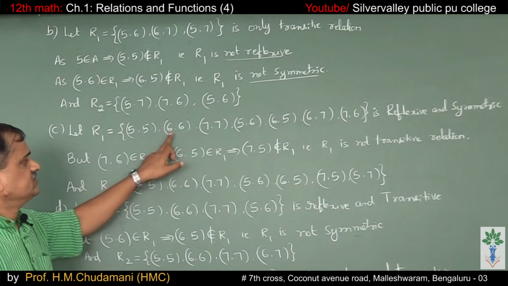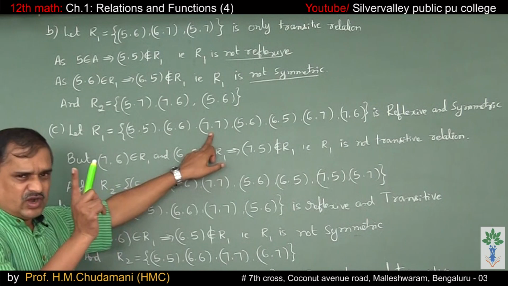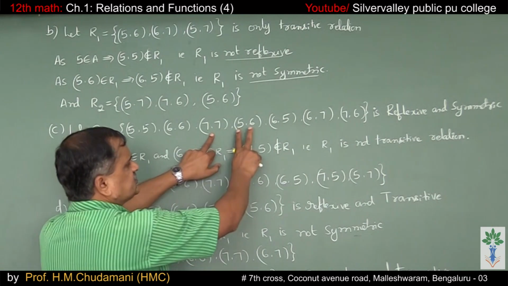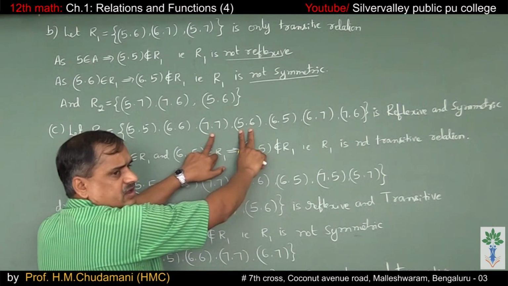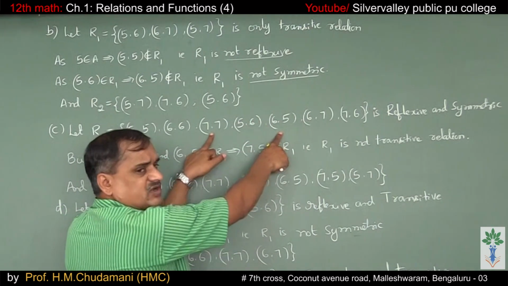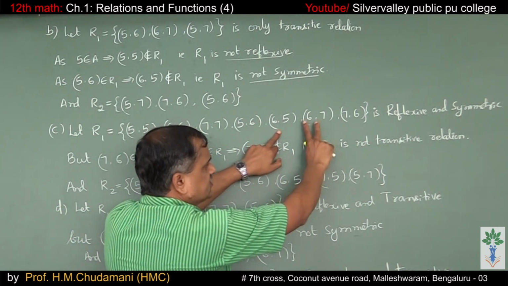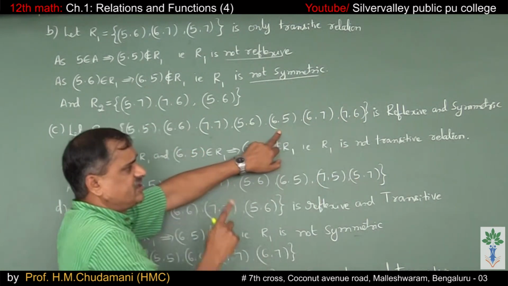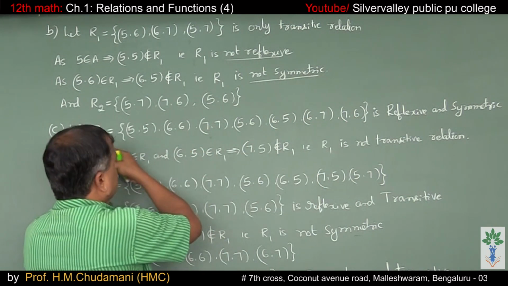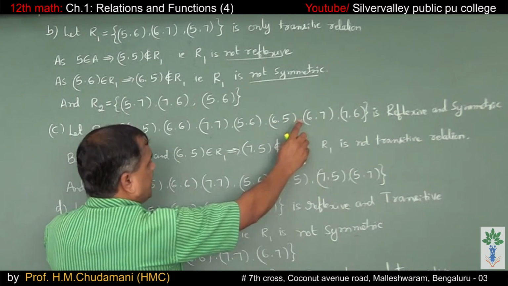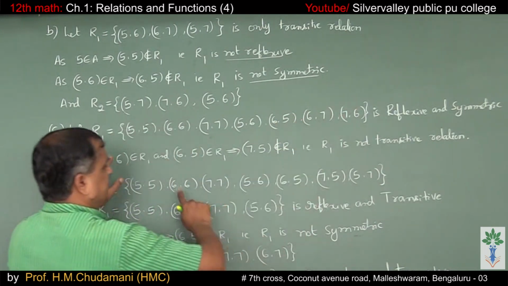So 5 5, 6 6, 7 7. I want symmetric also. Let us take 5 comma 6. 5 comma 6 means 6 comma 5 must be there. If I select 6 comma 7, 7 comma 6 must be there if it is to be symmetric. So this relation R1 is reflexive and symmetric.